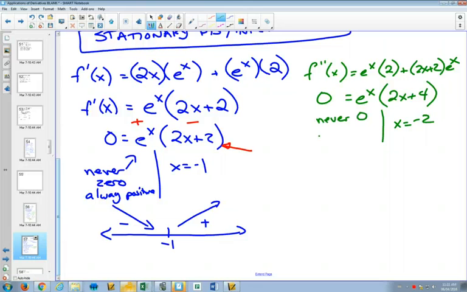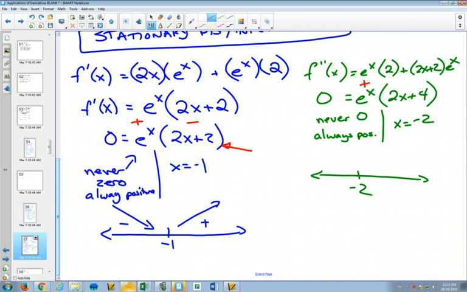Again, e to the x is never equal to 0 and always positive. So the only place it could equal 0 is at -2. And the only thing that's going to change whether it's positive or negative is that 2x plus 4.